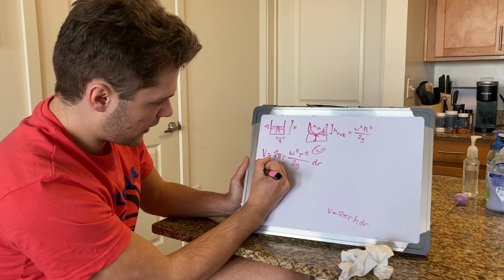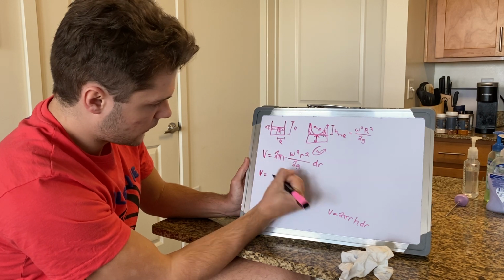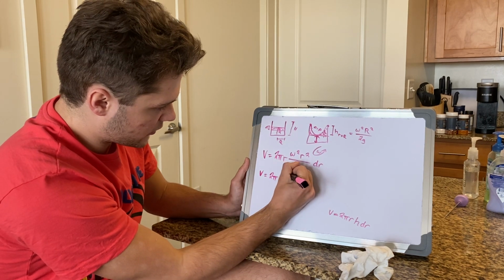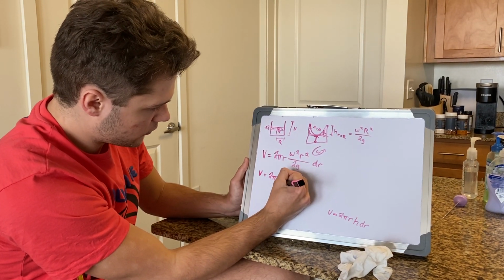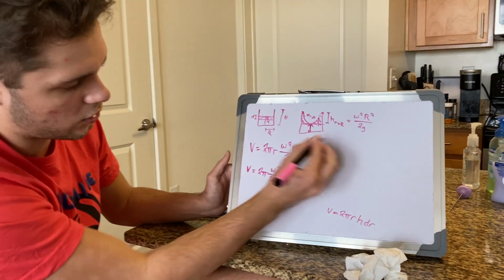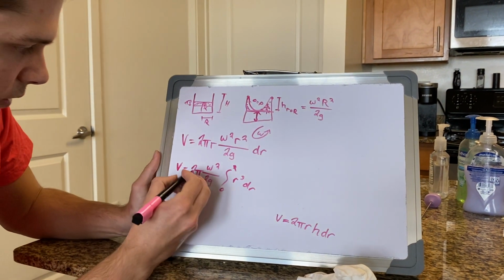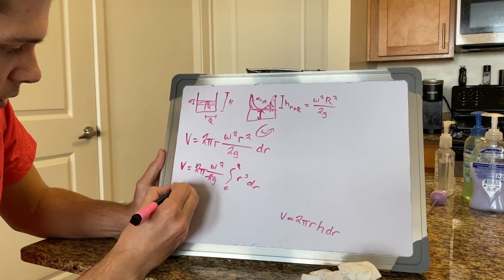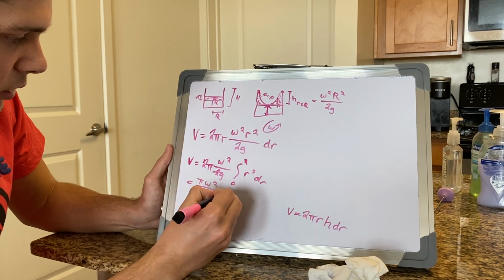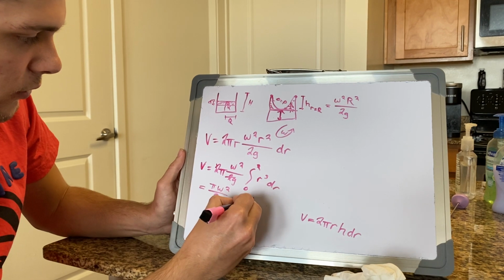And if we take the integral of that, we get our volume is going to equal 2 pi omega squared over 2g integral from 0 to our wall, so 0 to our radius of r cubed dr, and that will give us, those cancel, and we get pi omega squared over g times R to the 4th over 4.